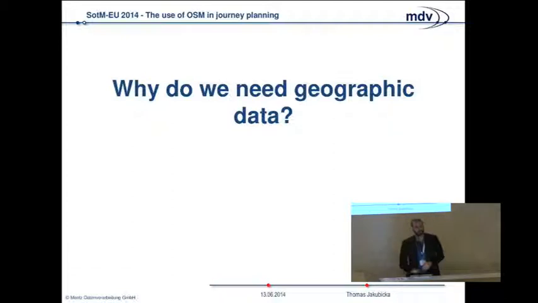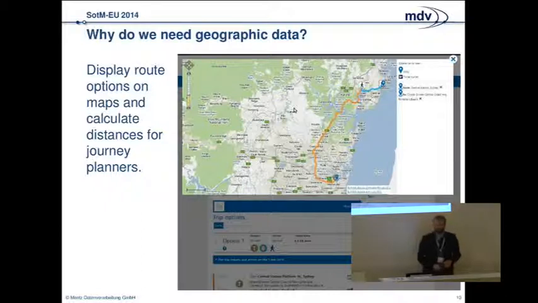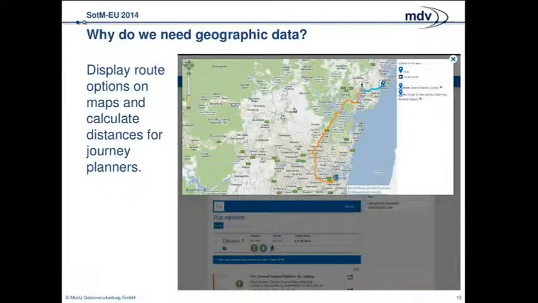So why do we need geographic data? Maybe the simplest example is just what I mentioned before, an online journey planner on the web. This is a screenshot from our journey planner in Sydney.